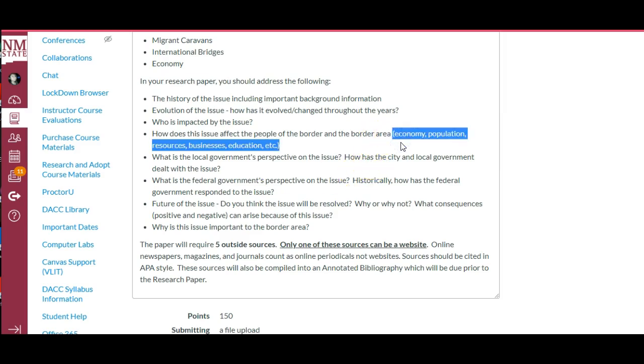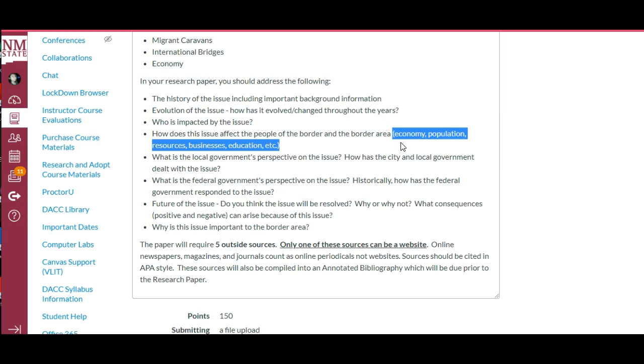So for other topics like education, I don't know if education has a huge effect on population, though some might argue that it does, because a lot of people with college degrees end up moving out of El Paso because they can't find professional jobs here. So that might be another topic.